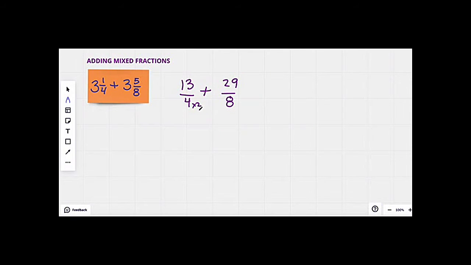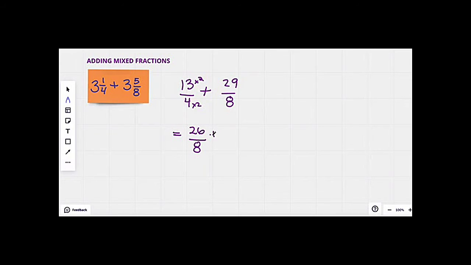But our rule of thumb is whatever you do to the bottom, you must do to the top. So if we multiply the bottom by 2, we need to multiply the top also by 2. So this becomes a 26 because 13 times 2 is 26, and this is an 8 because 4 times 2 is 8.